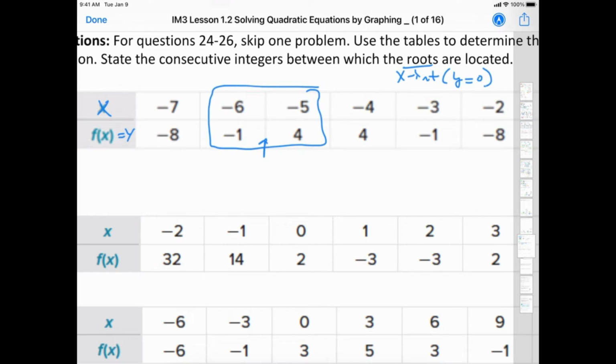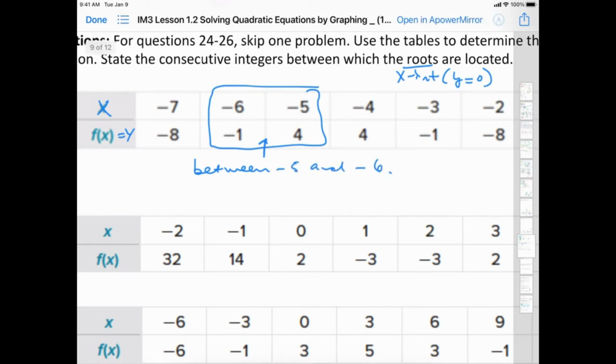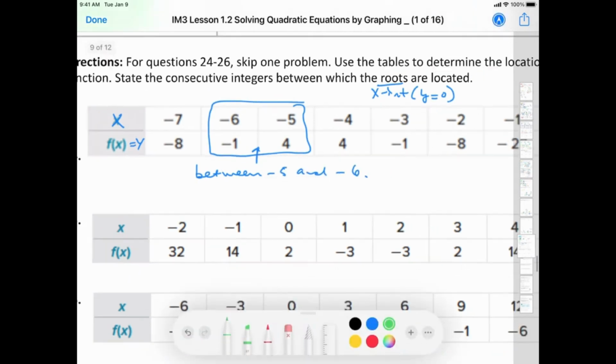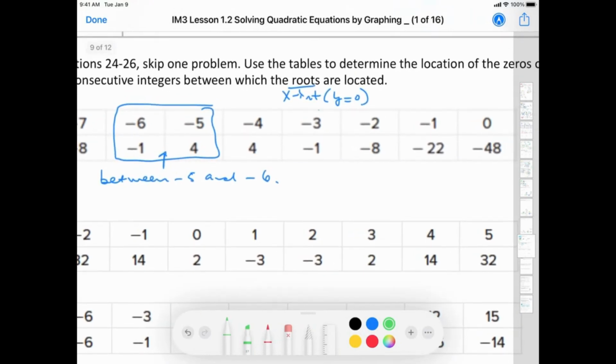So I can say, for question number 24, we can say between negative 5 and negative 6. And the other one, again, between a positive and negative, we could say between, and when you're listing the answers here, you're saying the x values, between x equals negative 4 and x equals negative 3.